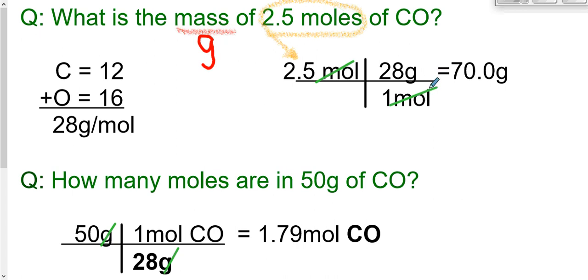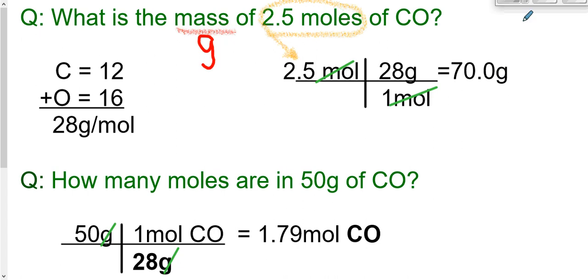Now the truth that I would put here is how much does 1 mole weigh? Well, 1 mole of carbon monoxide weighs 28 grams. Numbers that are on the top of the line get multiplied together. Numbers on the bottom of the line we divide. We don't have to multiply and divide by 1 because multiplying and dividing by 1 doesn't change anything. So 2.5 times 28 is equal to 70. Because the word moles on the top cancels the word moles on the bottom, they're gone, and my answer will be 70 grams.